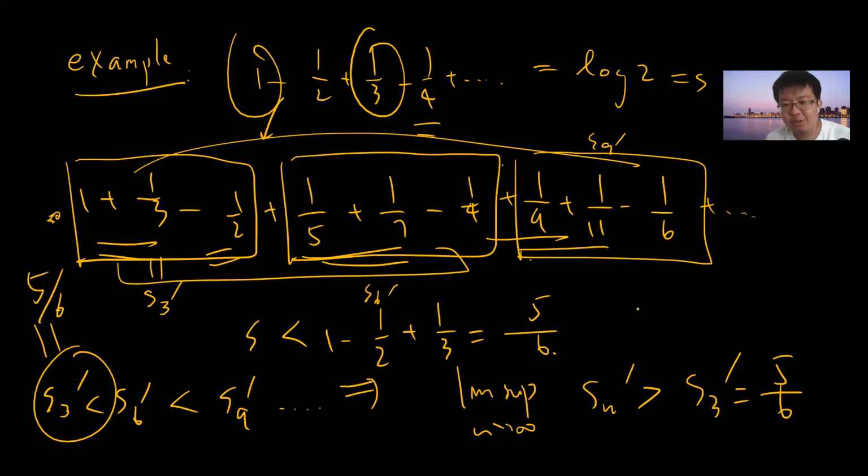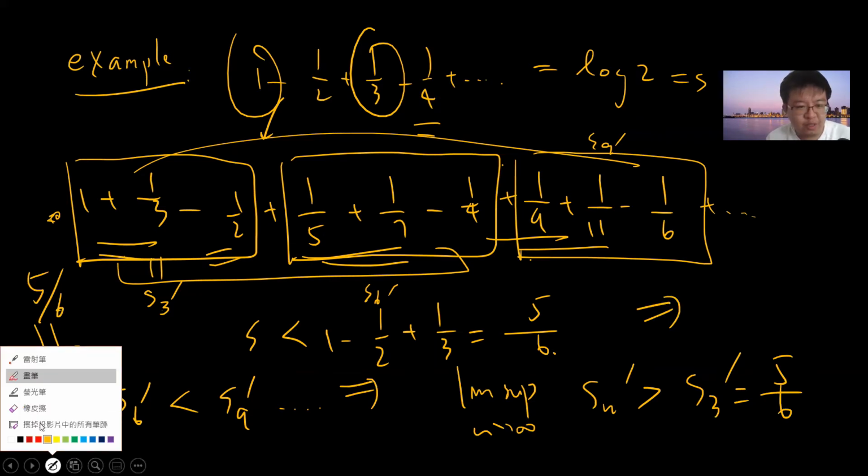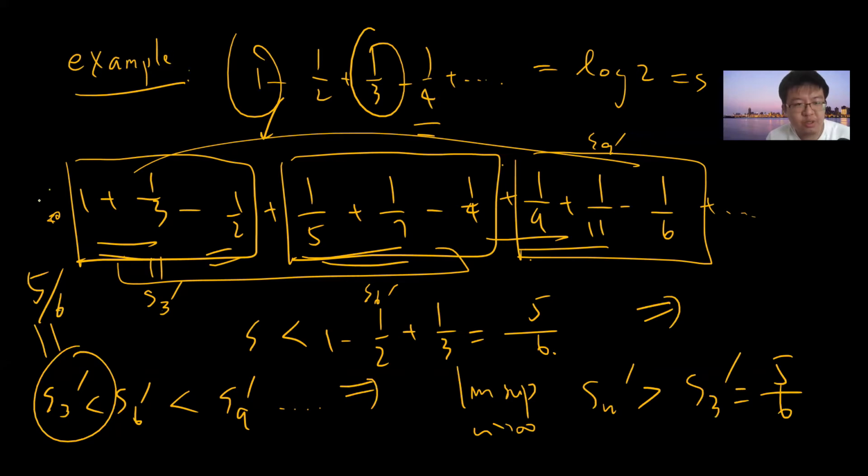So which proves the convergence of the second series. So this is the second series, and the first series, their convergence results will definitely be different, right? Because S will be less than 5/6, but this S prime will be larger than 5/6. So 2 will not be the same as 1.